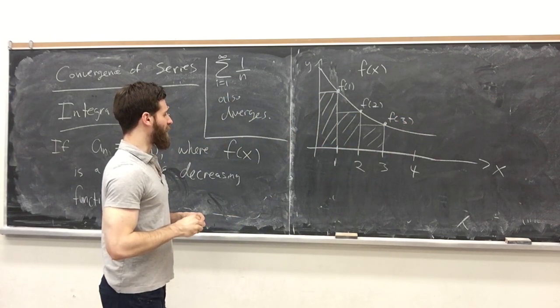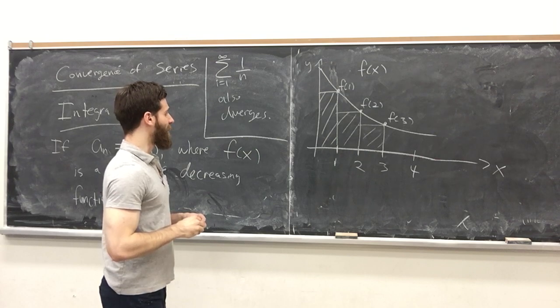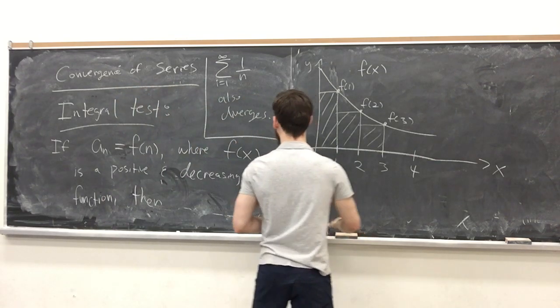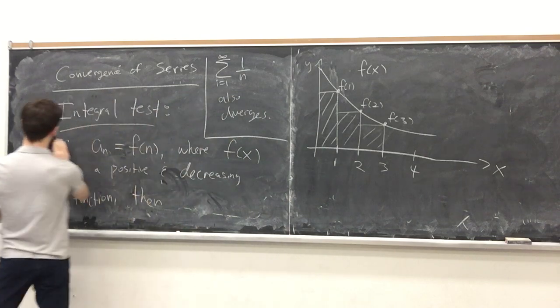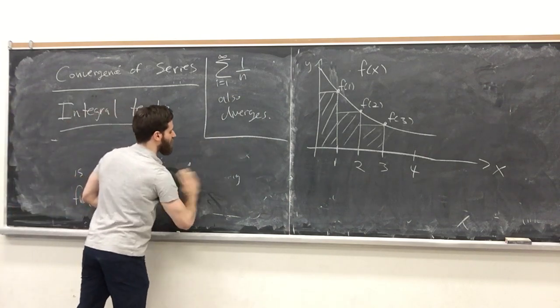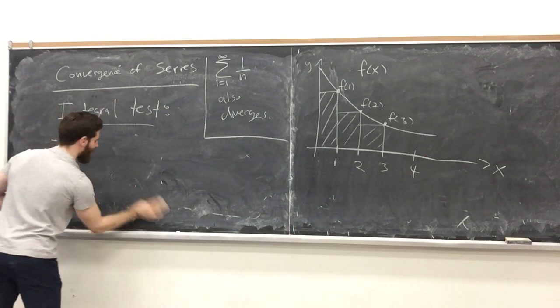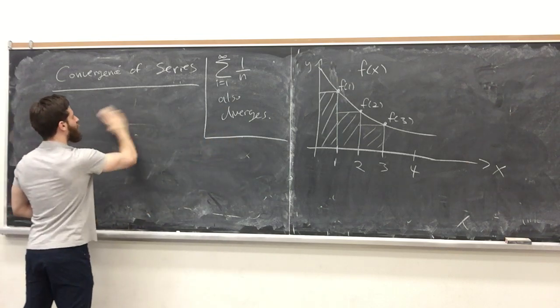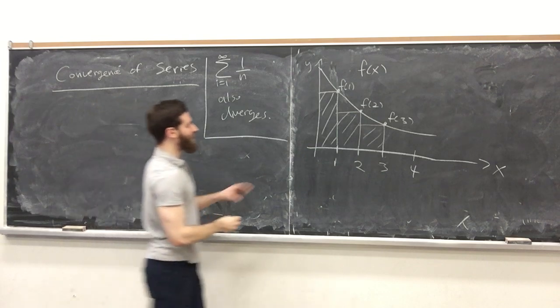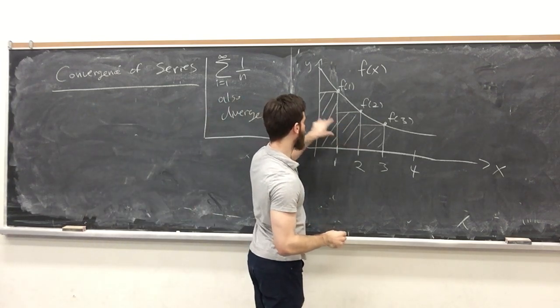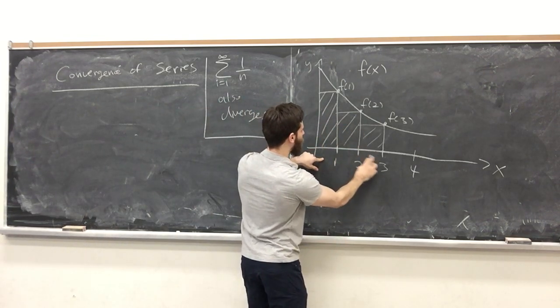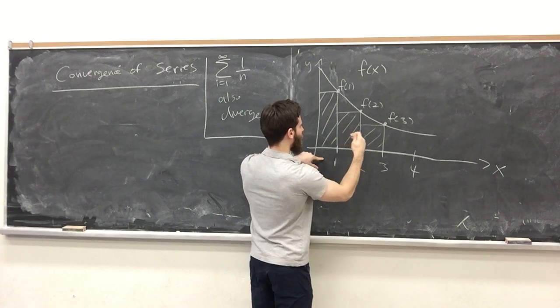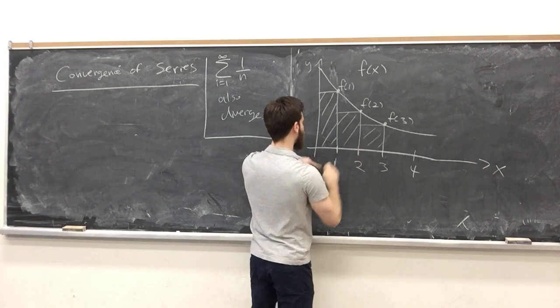The point is that the integral here is bigger than the sum. So if we add up the areas of all these rectangles, these things all have length 1, and the height is f of this point.